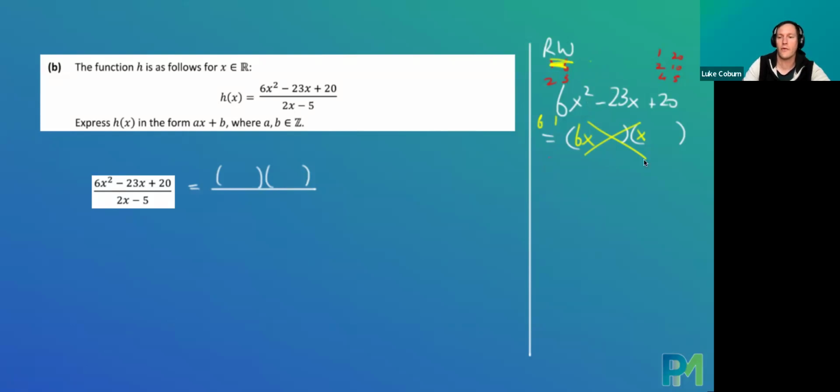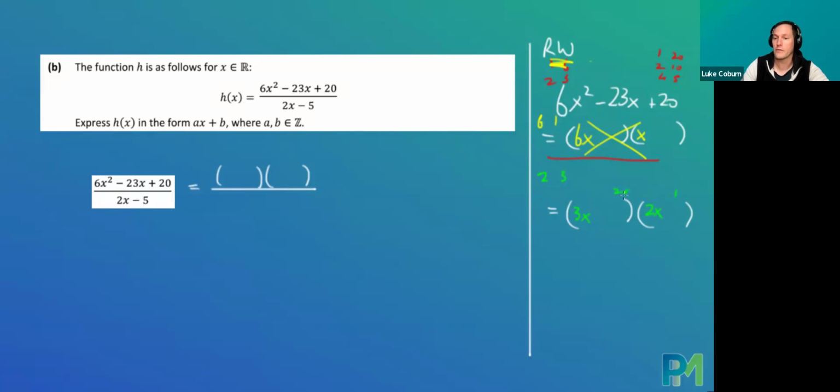Let's move on. We're going to do the same example now with 2 and 3. So we're going to say that this is now equal to brackets, brackets, and we have, let's say, 3x and 2x. And then we have a 20. Let's try 1 and 20. That would be 60, that's not going to work. 20 and 1.